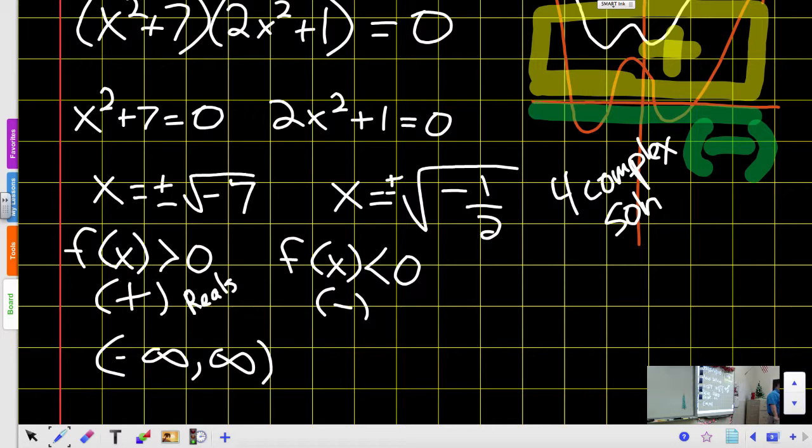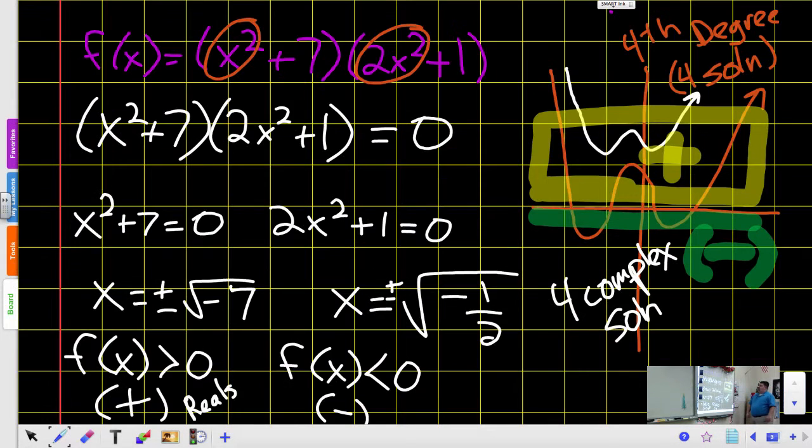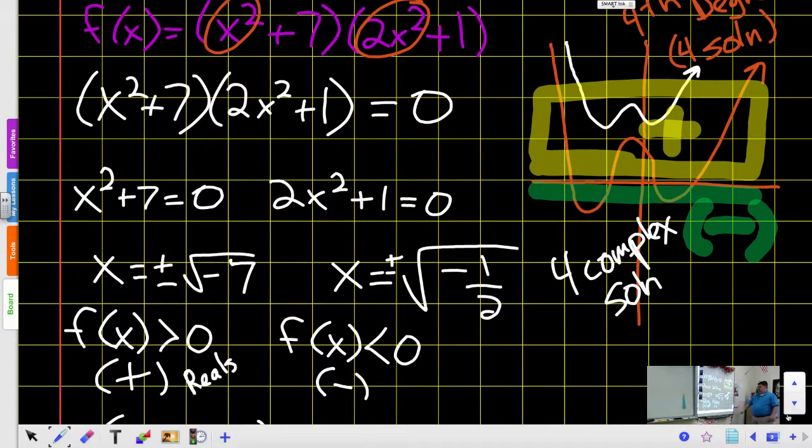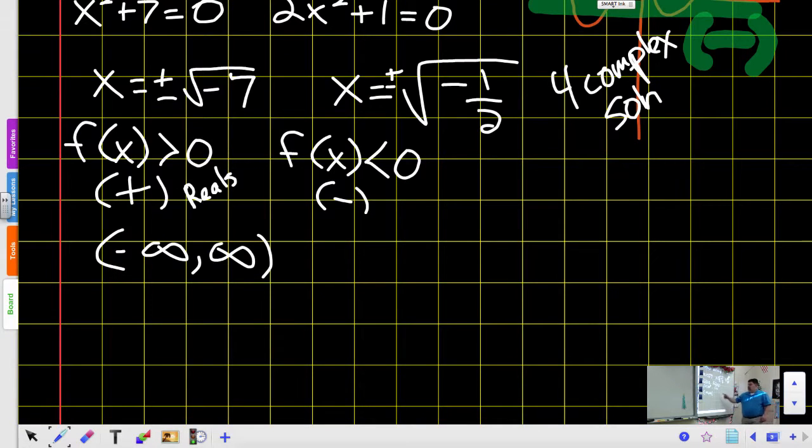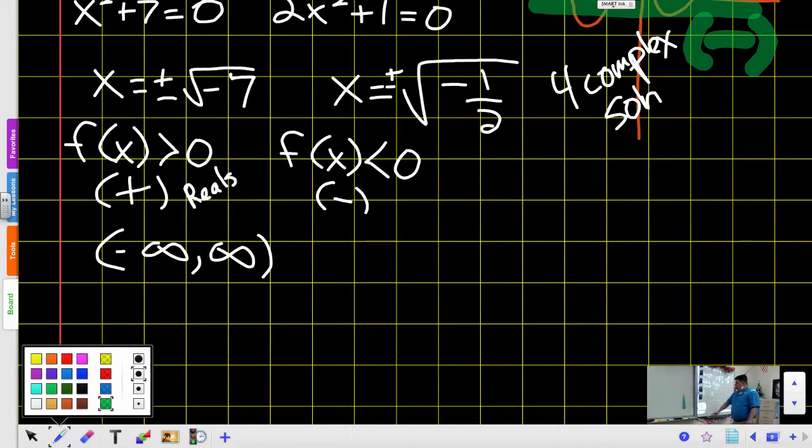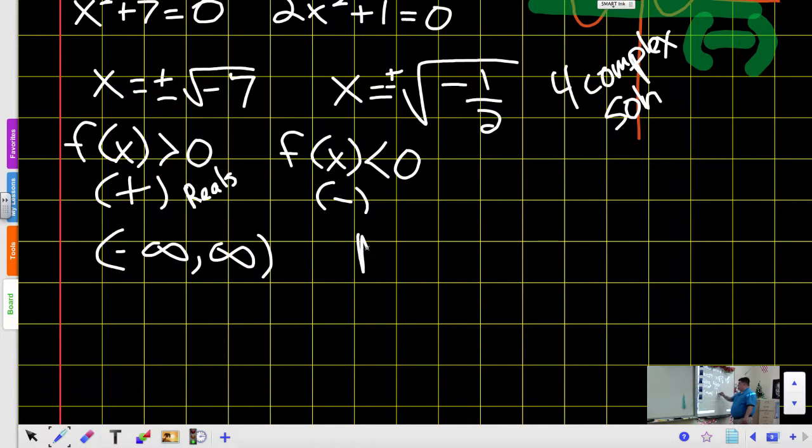So the graph's y value is negative when we're below the x-axis, but when you look at my graph, because I have only complex solutions, that means I have no real solutions. That means that we don't intercept the x-axis. What do we know about the function? When is the function less than 0? It's never less than 0. Does that make sense?